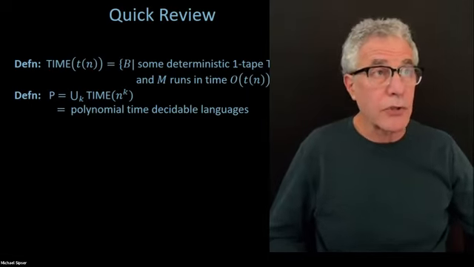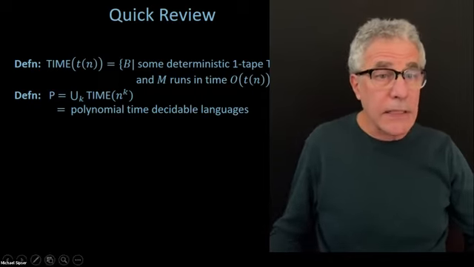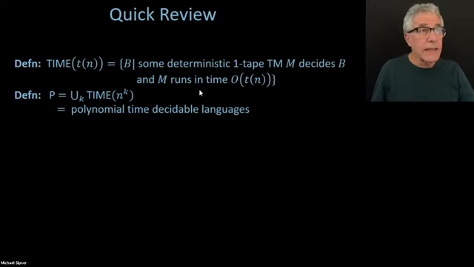As I mentioned, we defined the time complexity class. The time complexity class is a collection of languages, all of the languages that you can solve in a certain time bound, within a certain amount of time. So the time n squared, for example, is all of the languages or all of the problems that you can solve in n squared time.